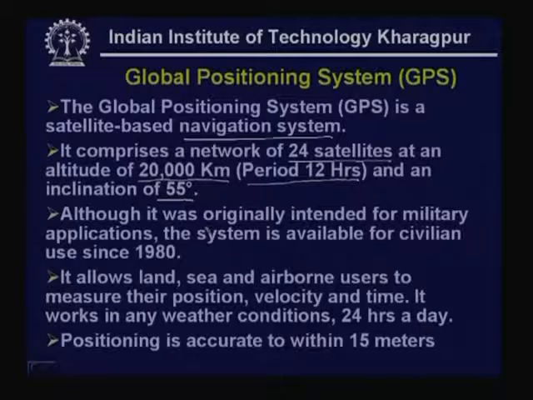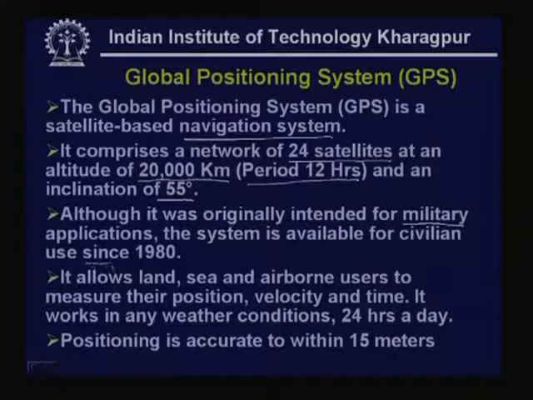This was originally intended for military applications. That means, this particular satellite system was developed by the Department of Defense of the USA, and the original plan was to use it primarily for military applications, but in the year 1990 they changed their policy and it was made available for civilian use.